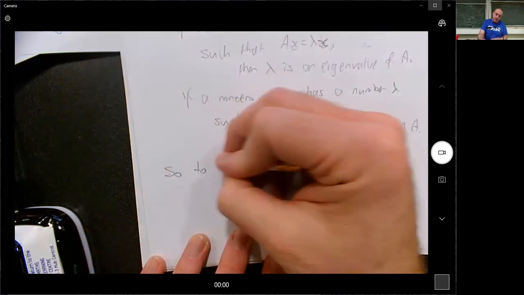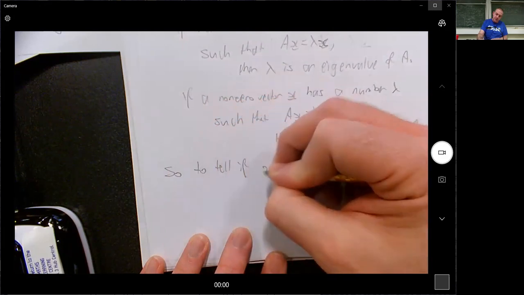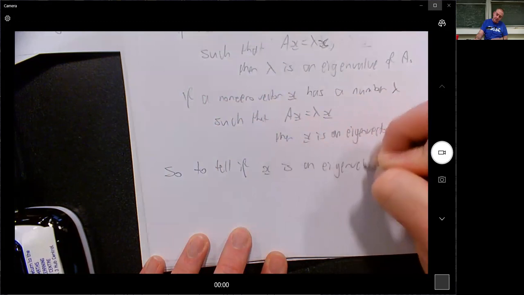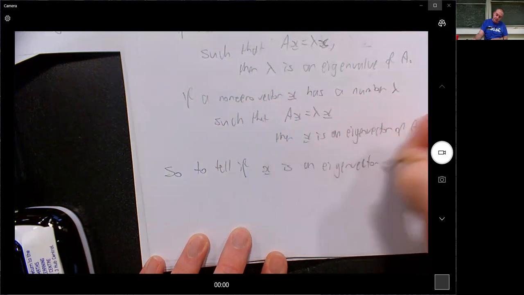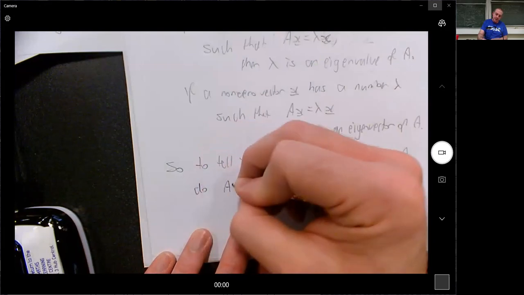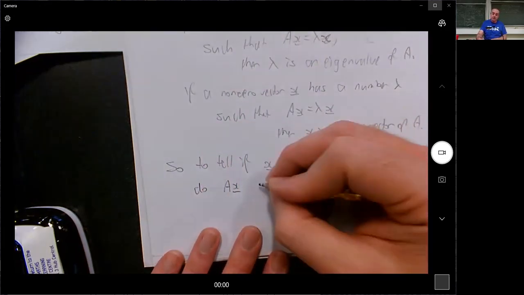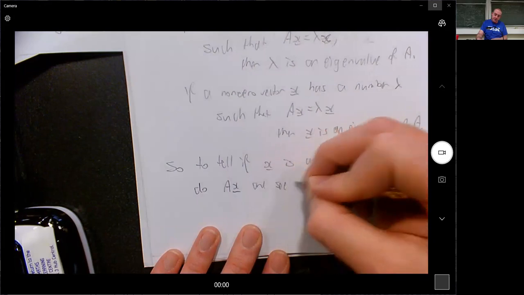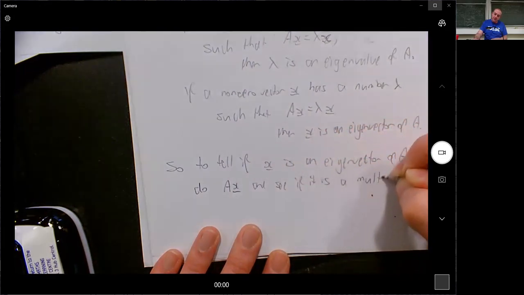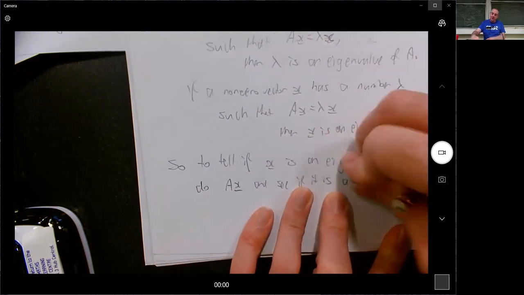So, to tell if x is an eigenvector of A, do Ax and see if it is a multiple of x, like a scalar multiple of x.